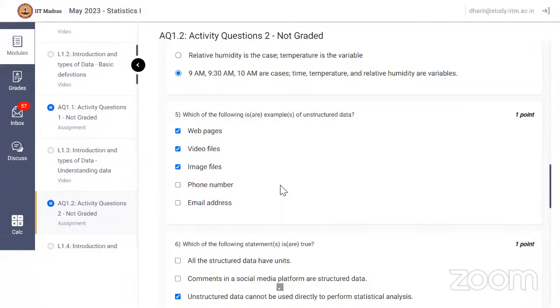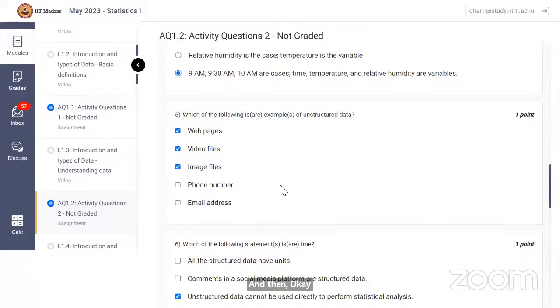But they have a pattern: they are always taking numerical values only. Natural numbers can also be structured data. Yes, it is structured data. Numbers have the scale of measurement as interval.